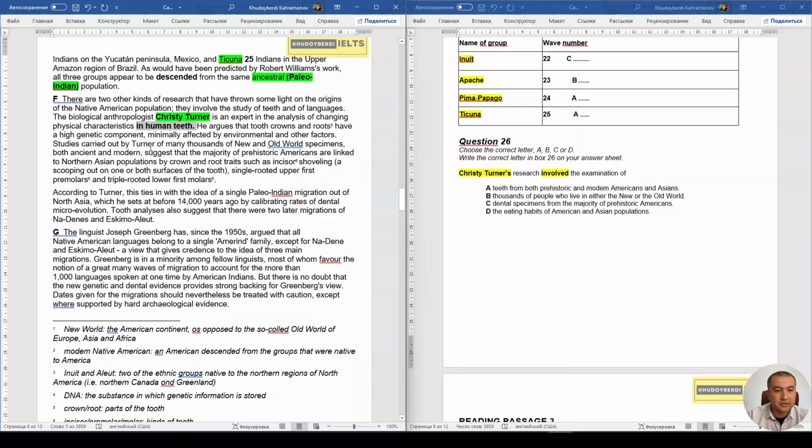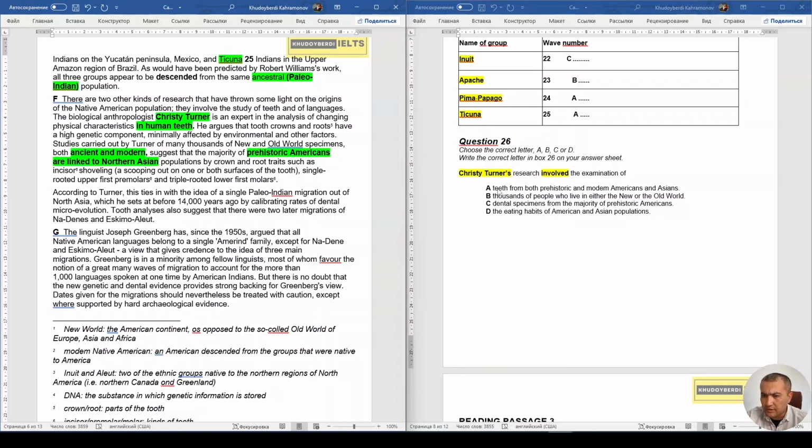Studies carried out by Turner of many thousands of new and old world specimens, both ancient and modern, suggest the majority of prehistoric Americans are linked to Northern Asians, which means they are interconnected, according to human teeth. This theory is by Christy Turner.